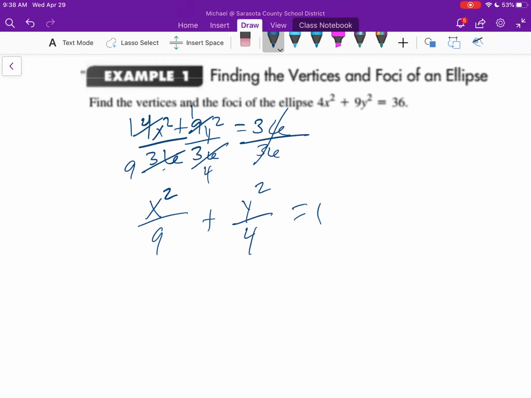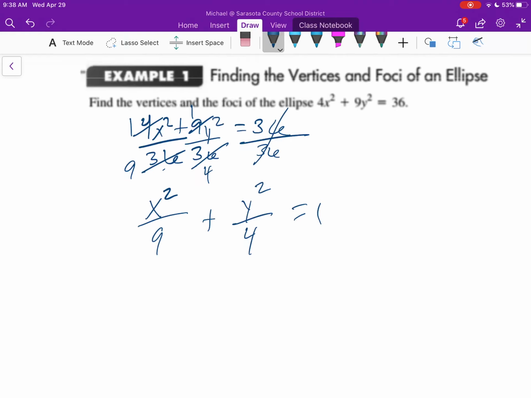Okay, so at this point, the question is, is it a horizontally or a vertically represented ellipse? Well, the only way we can identify that is based on the numbers in the denominators, because the number that is greater is from the major axis.